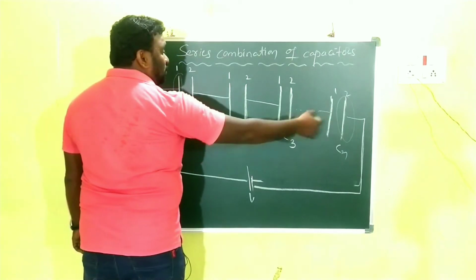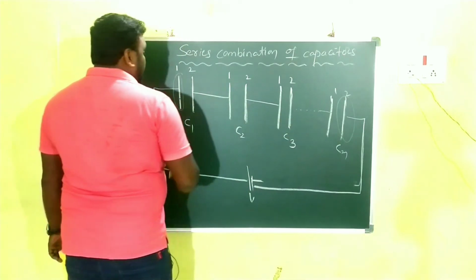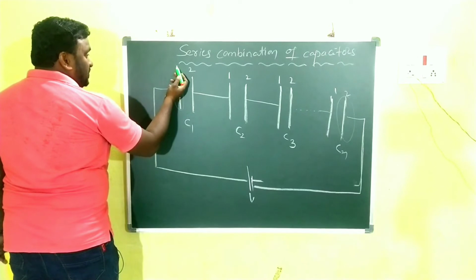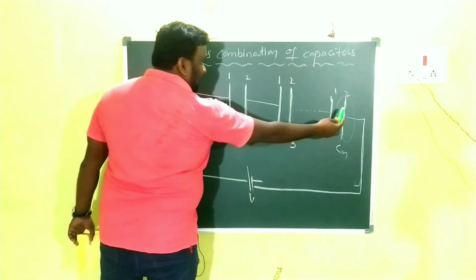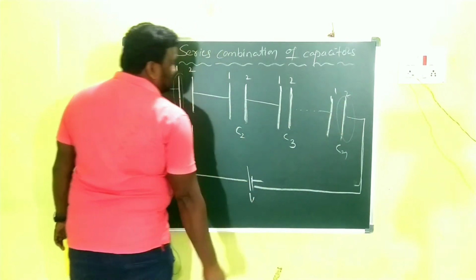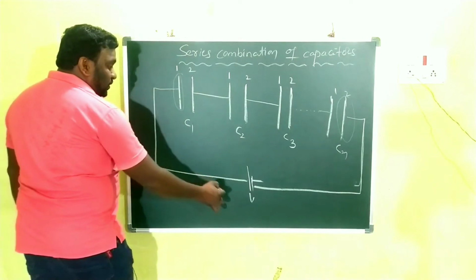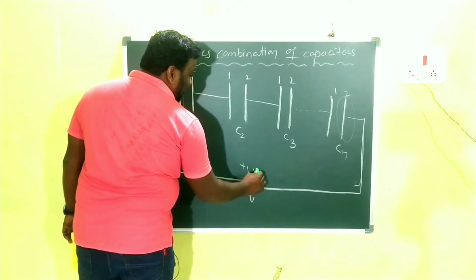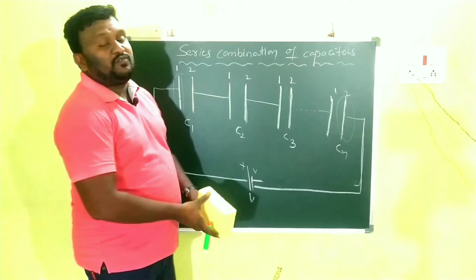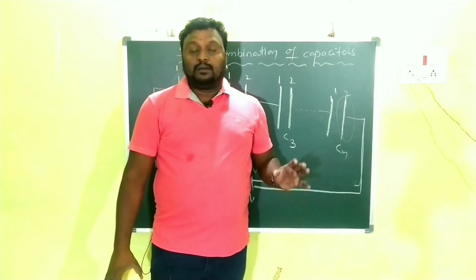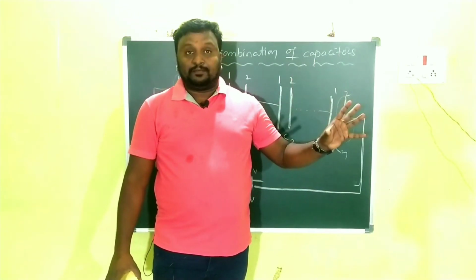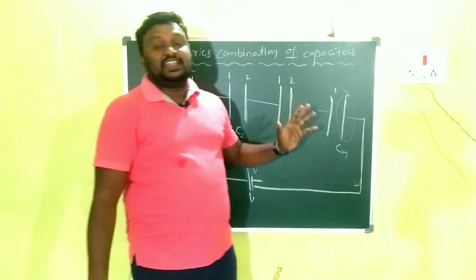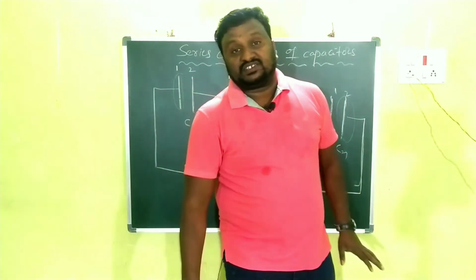After joining all those, we have the first plate of the first capacitor and the second plate of the last capacitor. These two are given to the opposite terminals of the battery. That should be called a series combination of capacitors.